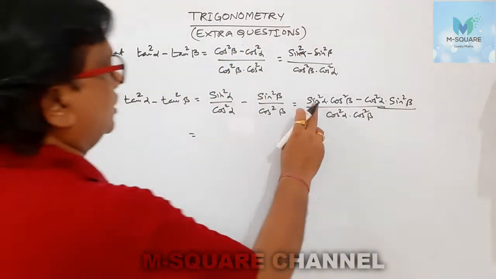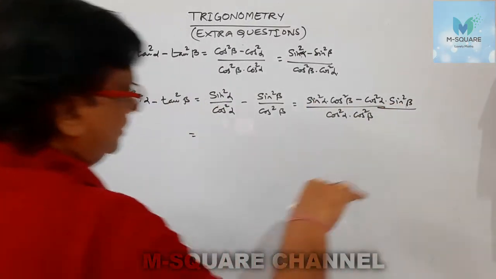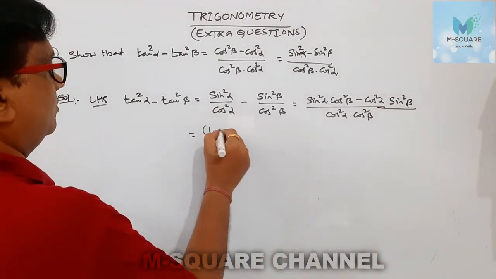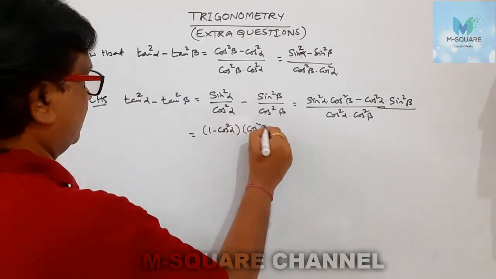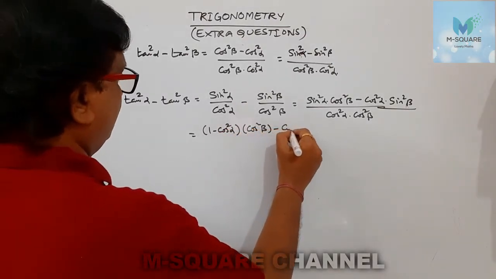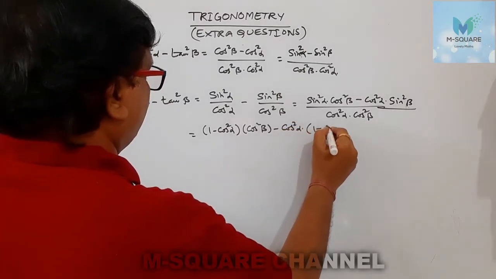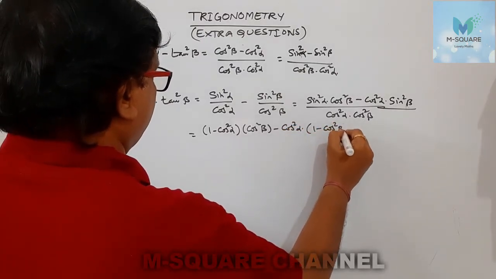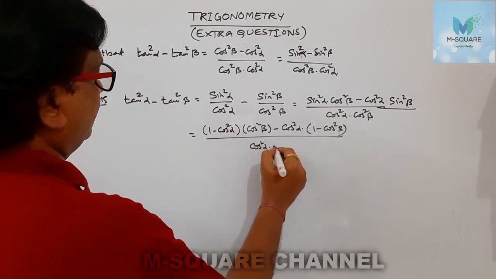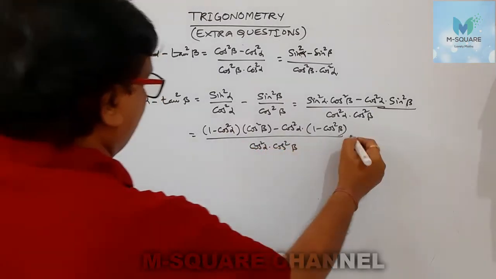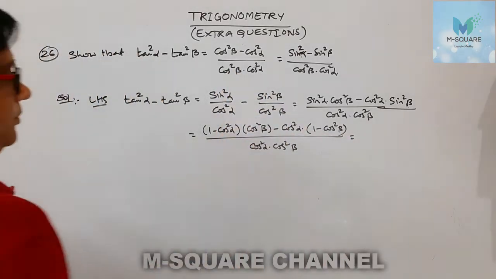So you are going to take this sin and convert into cos. So (1 minus cos square alpha) into cos square beta minus cos square alpha into (1 minus cos square beta). The denominator is the same, cos square alpha into cos square beta; no need to change because the denominator is the same.